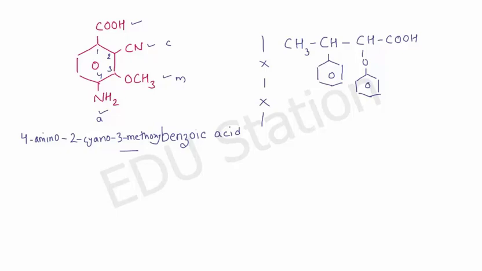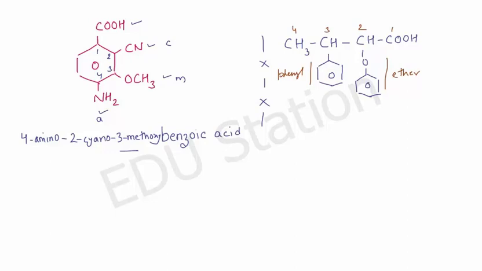This is a ring, this is oxygen with the ring, so this is ether. This one is a normal benzene ring which is attached. Since acid is most preferred and acid is not attached to the ring directly, we'll call this phenyl.